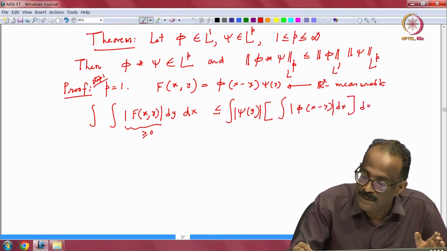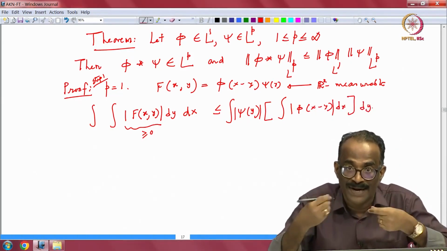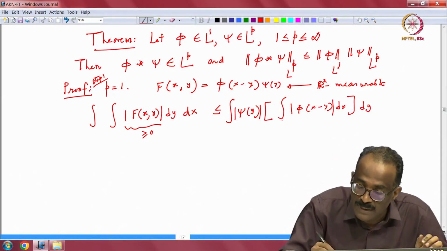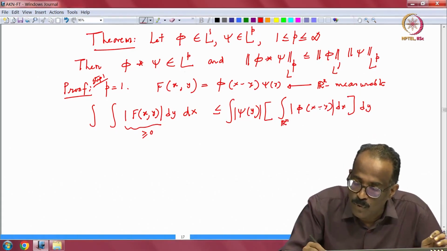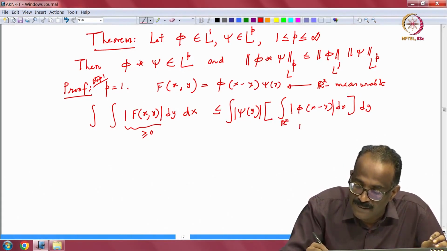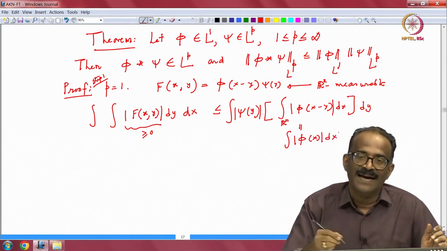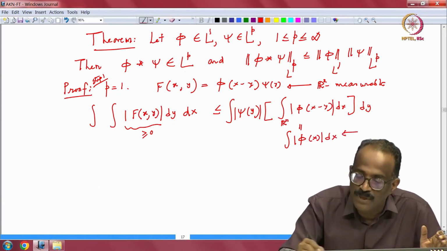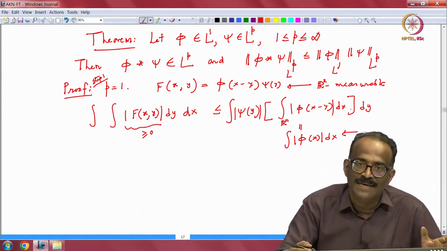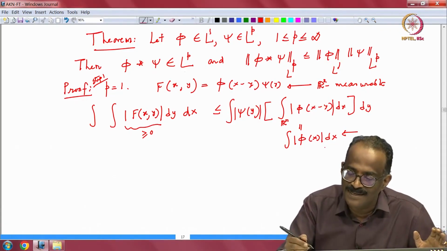Here is one observation you always have to make, how to get rid of the variables. You see, this is Rn, you are integrating with respect to x, but this is translation invariant. So, this will be the same as the integral over Rn of modulus of phi of x dx. If you want, you can use another variable: because of translation invariance, put x minus y equal to t, so dx equal to dt, and it is the integral of phi of t dt.